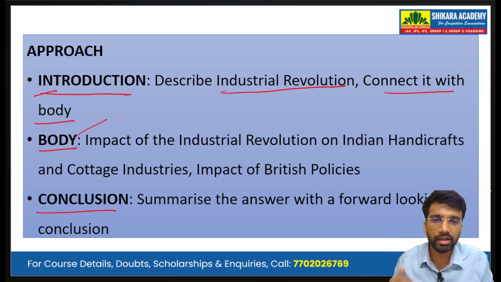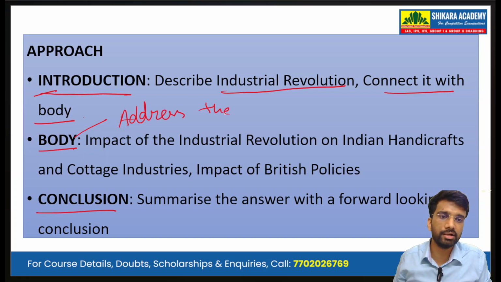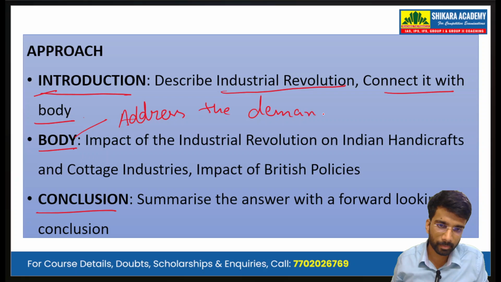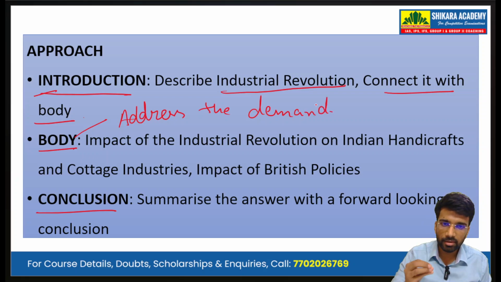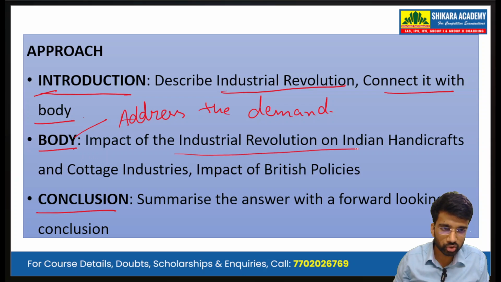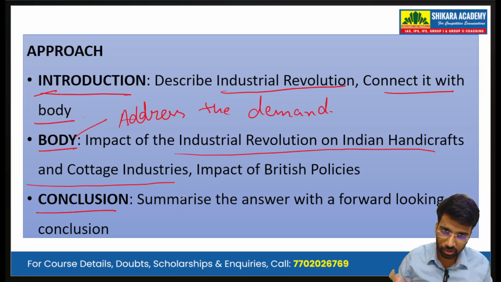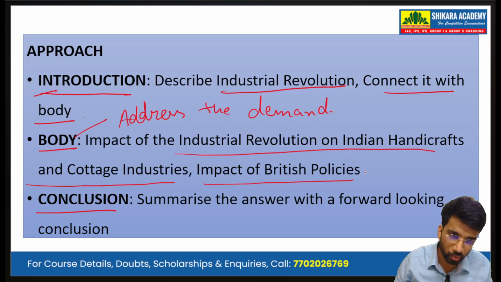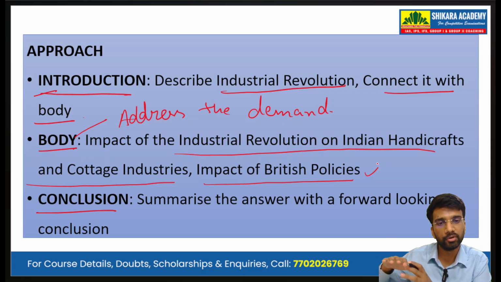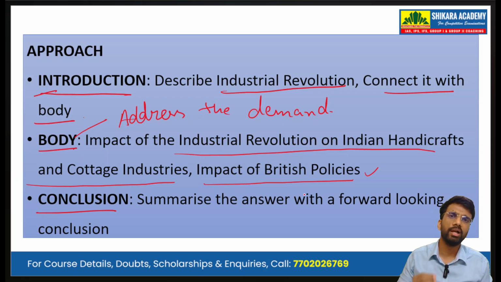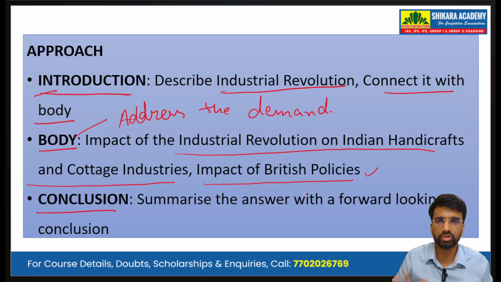In the body, we address the demand of the question, that is, the impact of the Industrial Revolution on Indian handicrafts and the cottage industry, and also the impact of British policies in addition to the Industrial Revolution. Then in the conclusion, we summarize the answer and give a forward-looking conclusion.